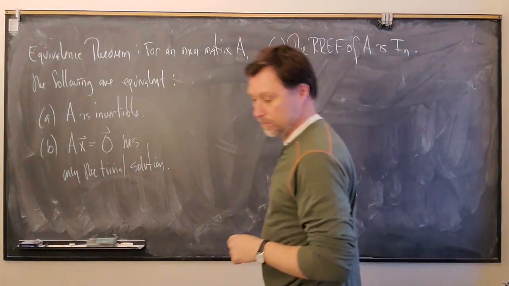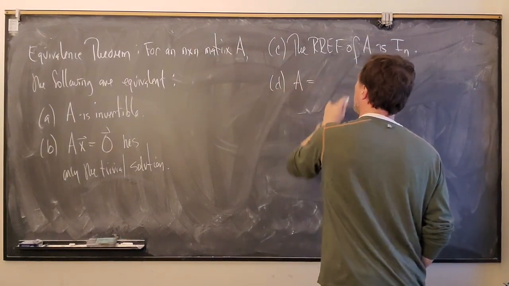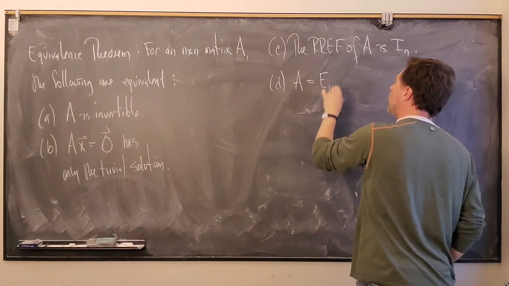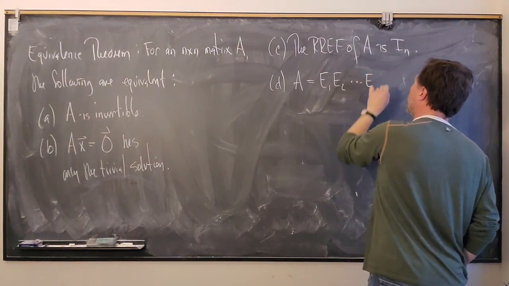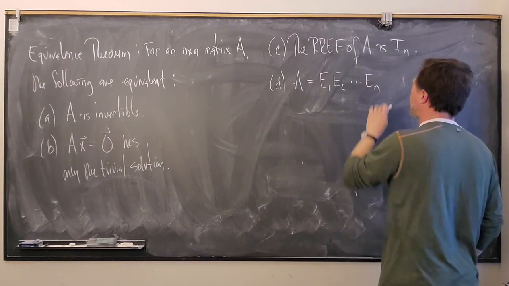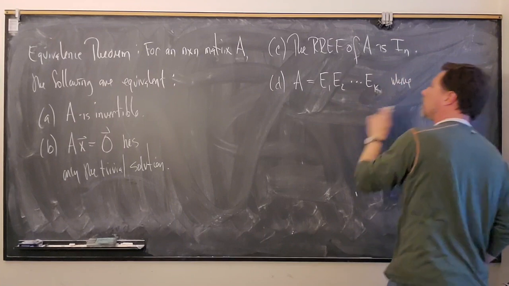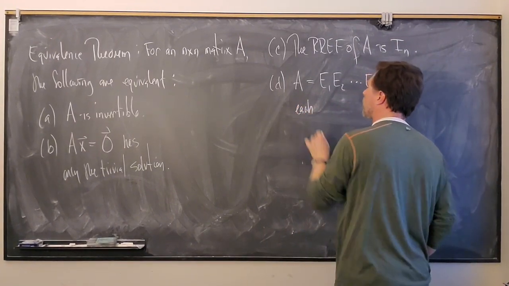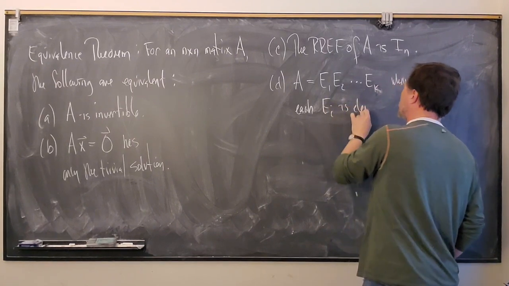And part D: A is equal to E1, E2, dot, dot, dot, Ek, where each E sub i is elementary.